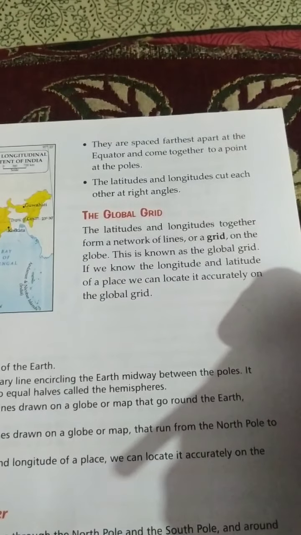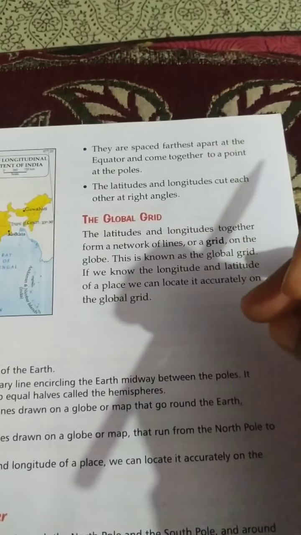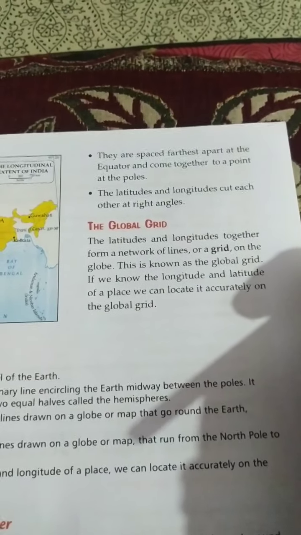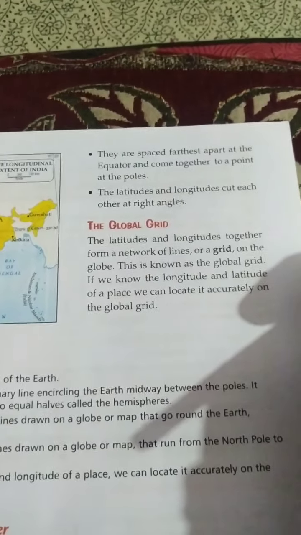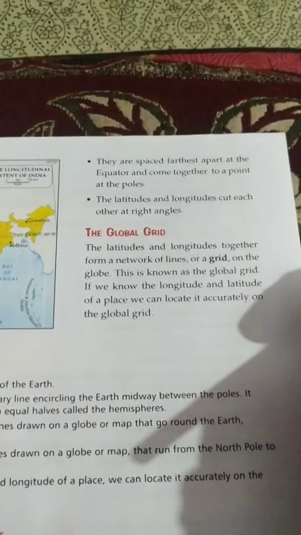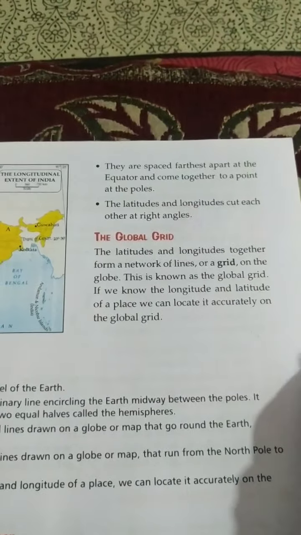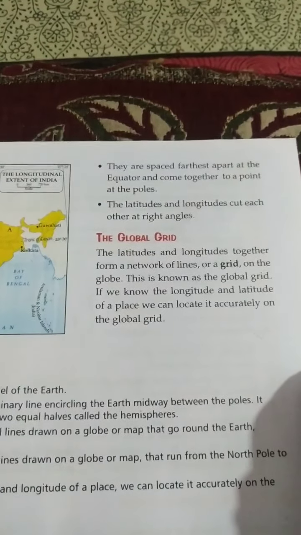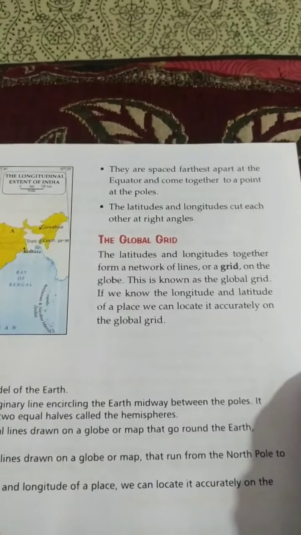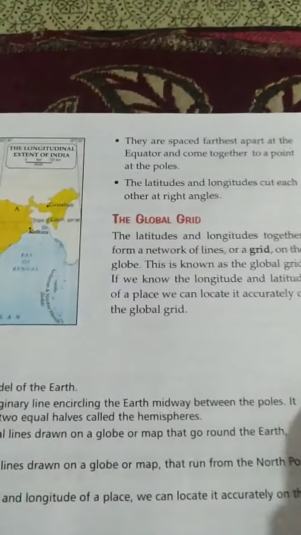We have seen the picture, the lines of the latitudes and the longitudes, and it is called grid on the globe. This is known as the global grid. If you know the longitude and latitude of a place, we can locate it accurately on the global grid.